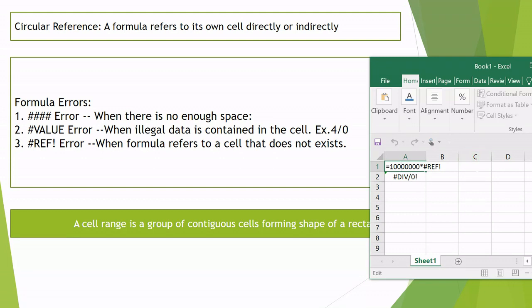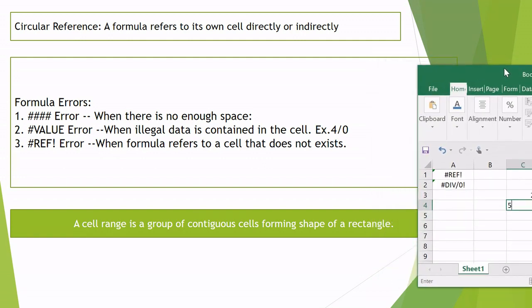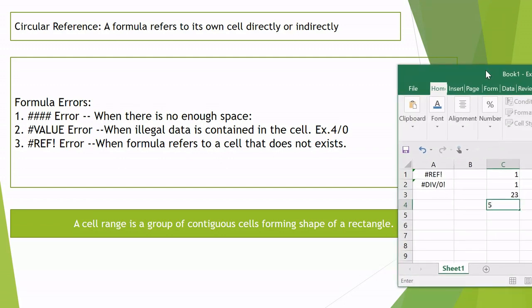Now what is a cell range? Suppose I have written some numbers and I want to give them a name, maybe because I want to use it for something. A range is basically a rectangular area of contiguous cells, or cells which are written continuously without any space between them.